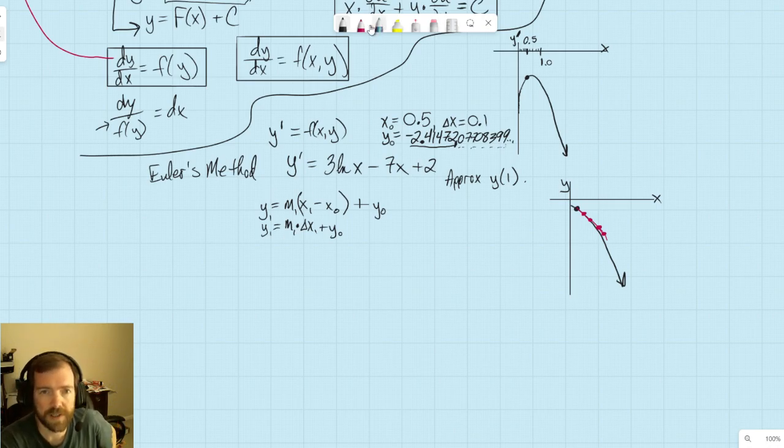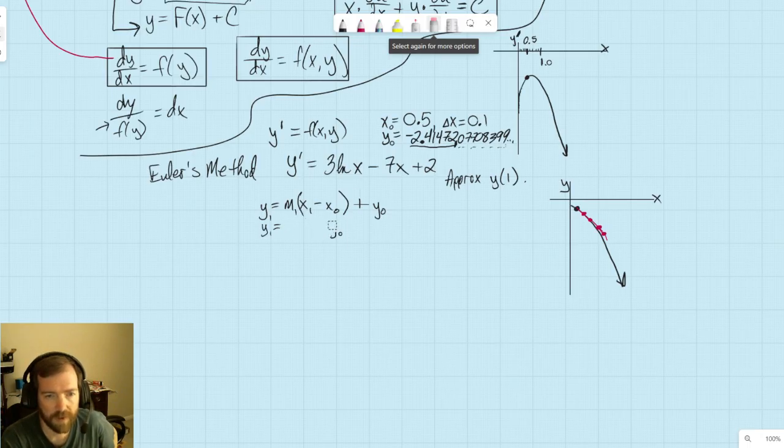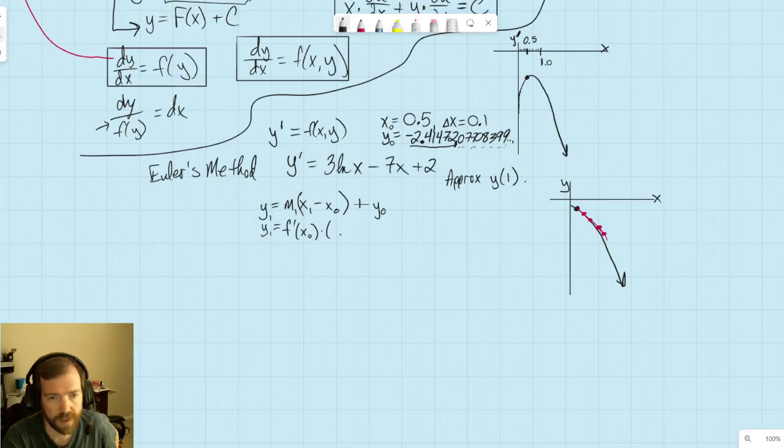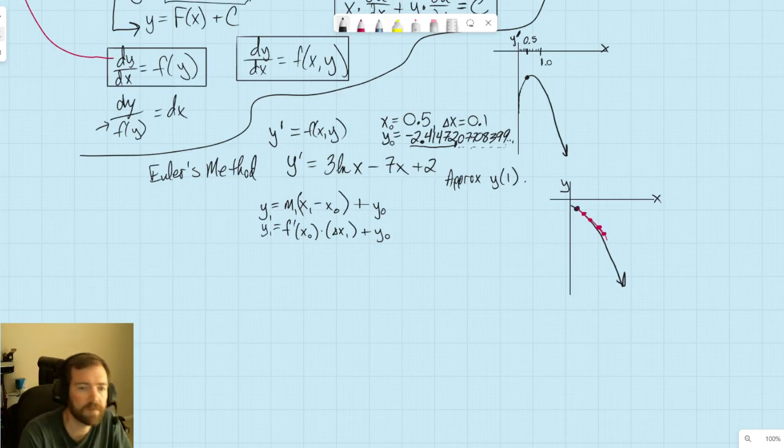M1 is now going to be, instead of just M1, we're going to call it f prime at x0 times, and again, this is just delta x1, plus y0. Or in this case, again, we didn't use f, we used y. It's all good.